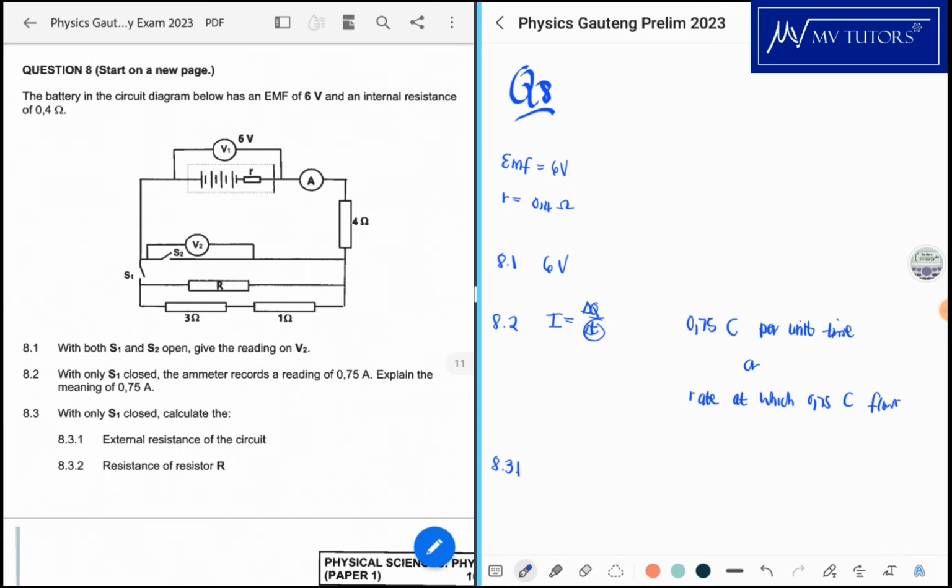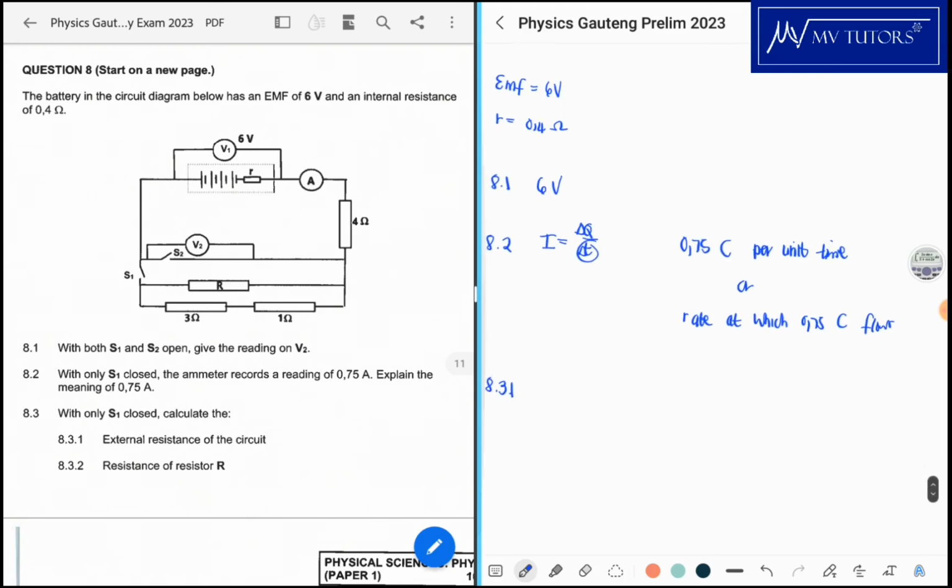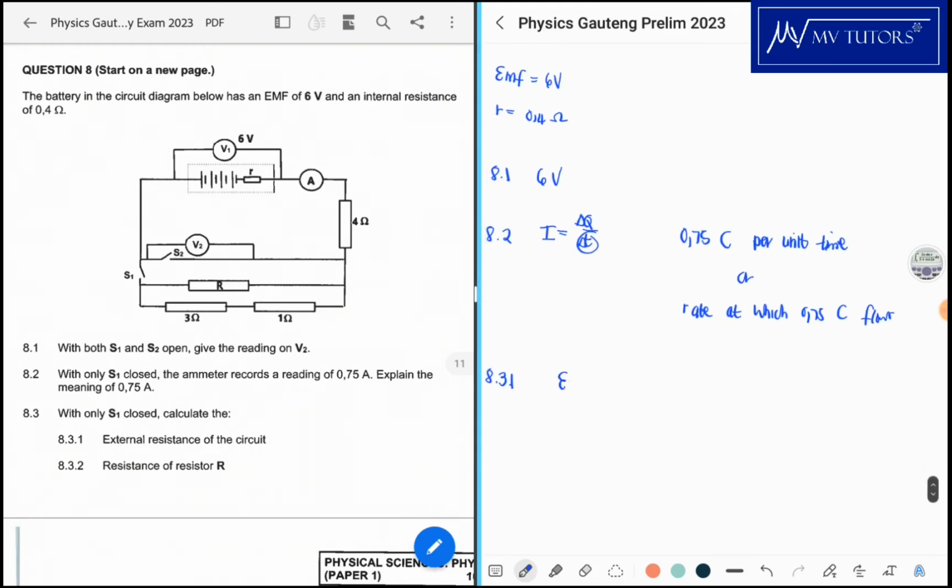Basically there wouldn't be any flow of current through S2 because that would be open, so it'll only go through resistor R and resistors 3 and 1. But anyway, with only S1 closed, calculate the external resistance of the circuit. Remember we have EMF is equal to the total current times the external resistance plus the internal resistance.